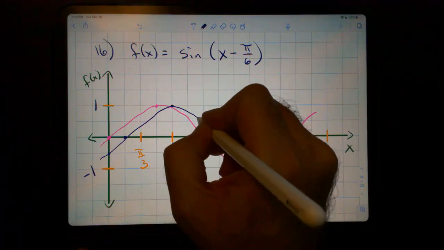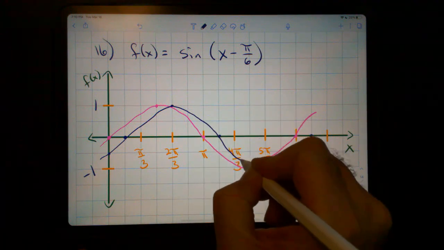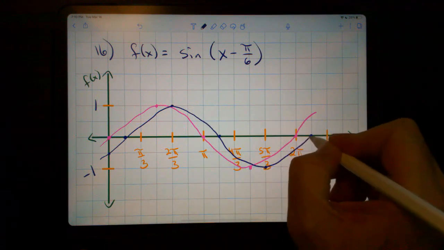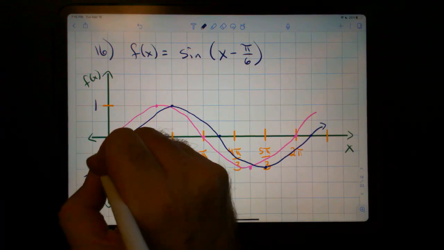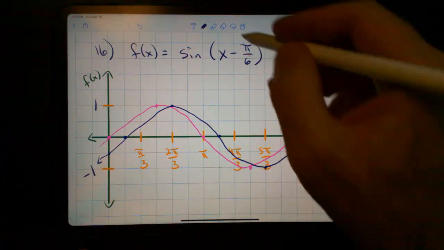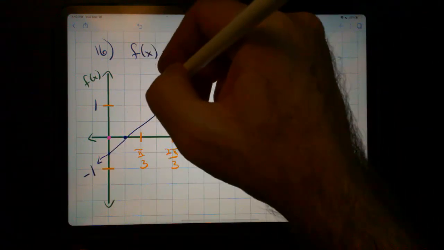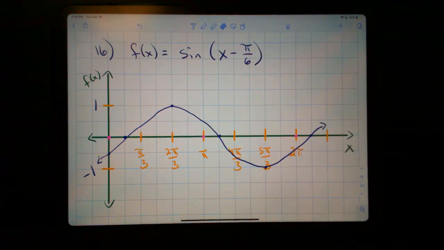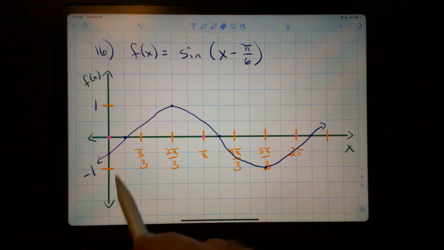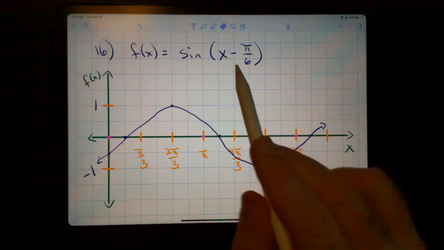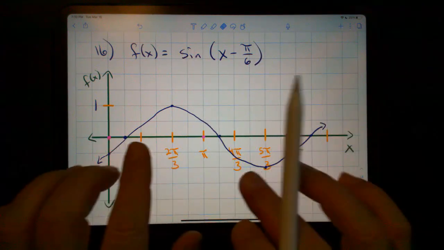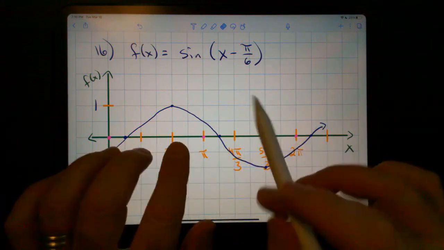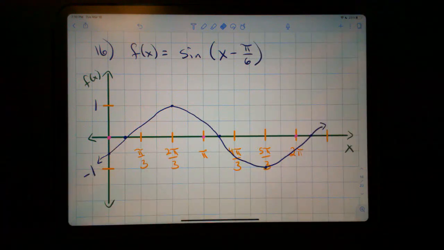So the graph that we want is going to look like that. The graph that we don't want, okay, so this is the graph of sine of x minus pi over 6. It's the same sine graph, it's just everything is shifted to the right, pi over 6 units.